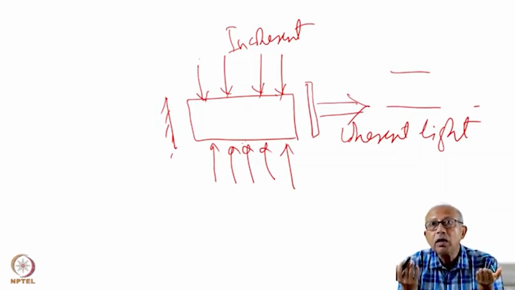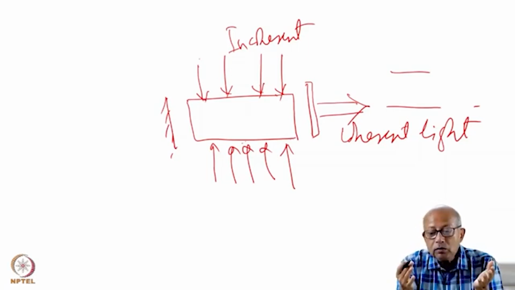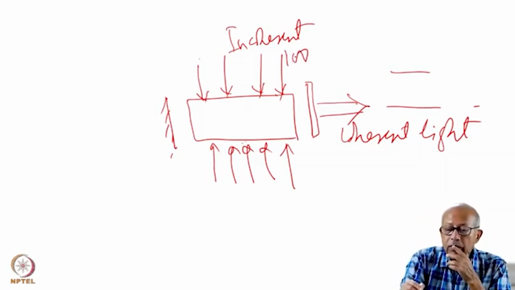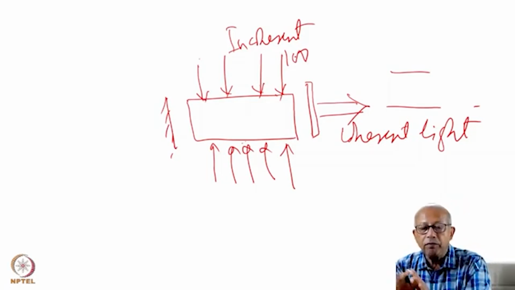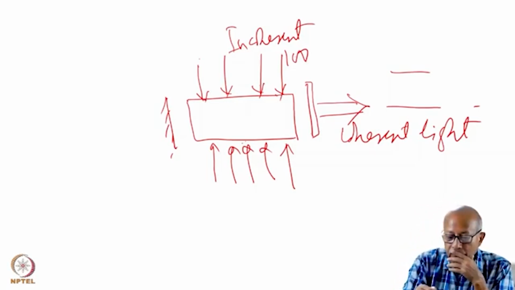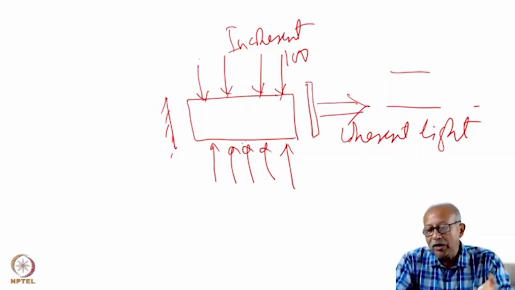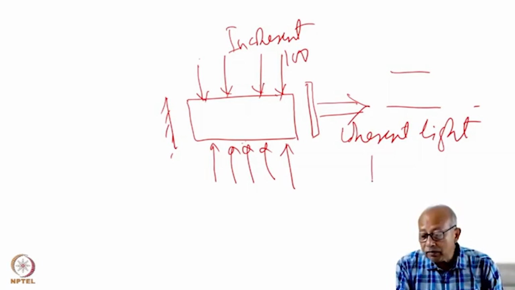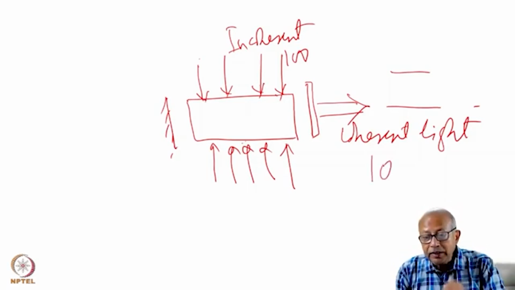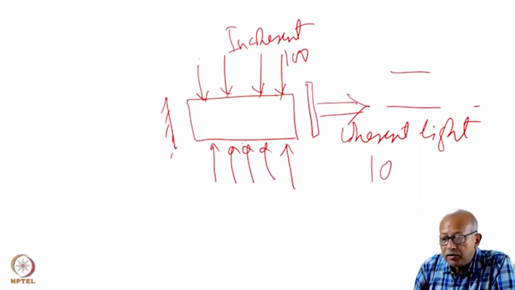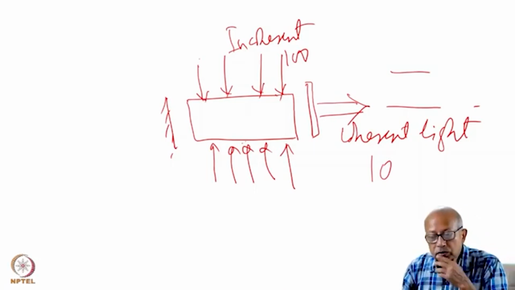It is generally much less than 100%. So if you have used, say, 100 photons to pump it, just to give a rough idea, you may get just a few tens of photons, or even less. So 90% of the energy is lost.